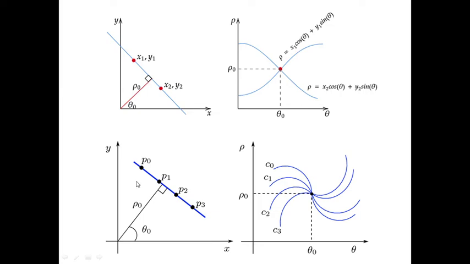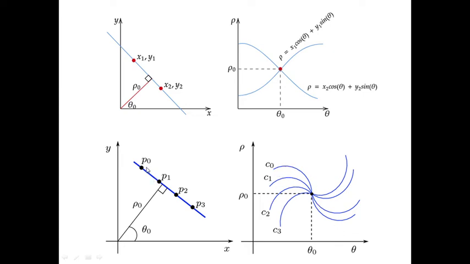Now I have four points on this line, and this line is separated by rho naught from the origin, and is inclined at theta naught with the reference x-axis. For each and every point there will be some sinusoid, some curve like this.